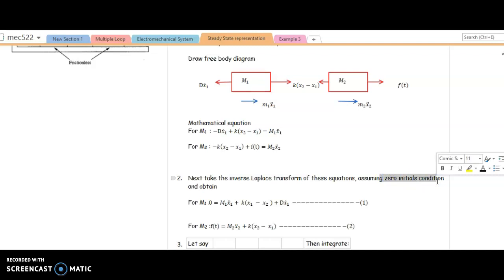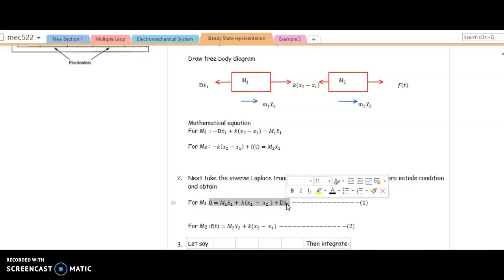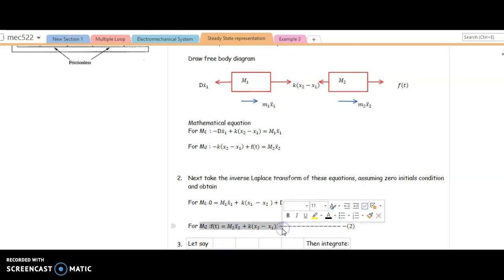After that, you obtain the equation for M1: 0 equal M1 x1 double dot plus K (x1 minus x2) plus T x1 dot. Ini adalah for first one. And then for M2, you akan dapat F(t) equal M2 x2 double dot plus K (x2 minus x1).